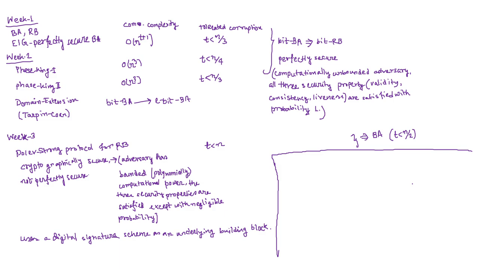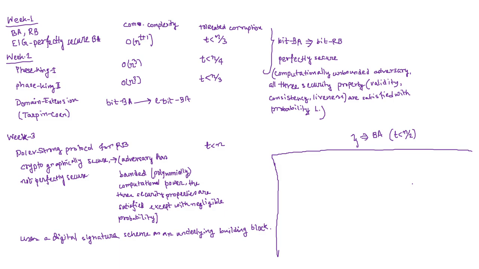By the validity property of reliable broadcast, if the designated sender of the RB protocol is honest, then at the end of the protocol all the honest parties should have the input of the sender as the common output, right? And the consistency property ensures that even if the sender is dishonest, so we do not care about the exact input of the sender in the beginning, still at the end of the protocol, all the honest parties should agree upon a common output, right?